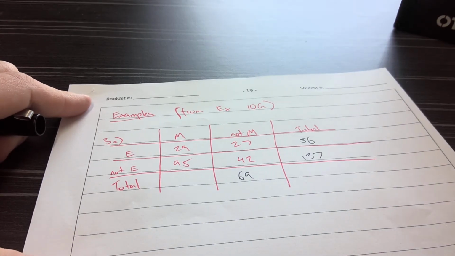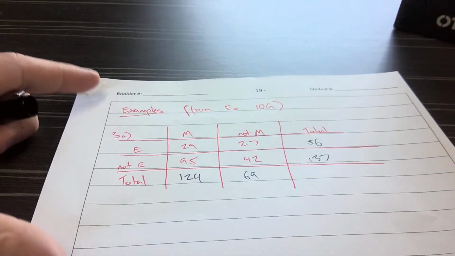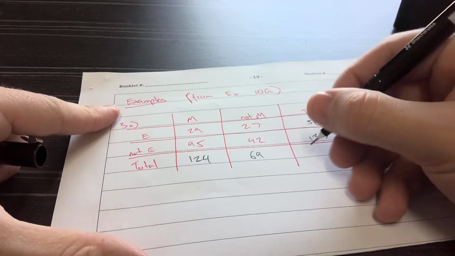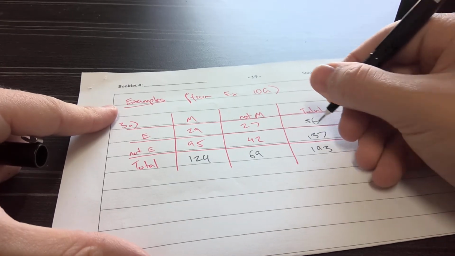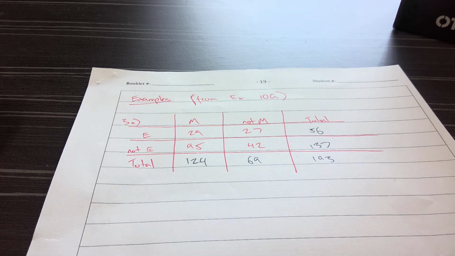And 29 plus 95 is 124. And then to find the total, we'll do 193. Of course, if I do 124 plus 69, it's also 193, and that needs to happen, of course.